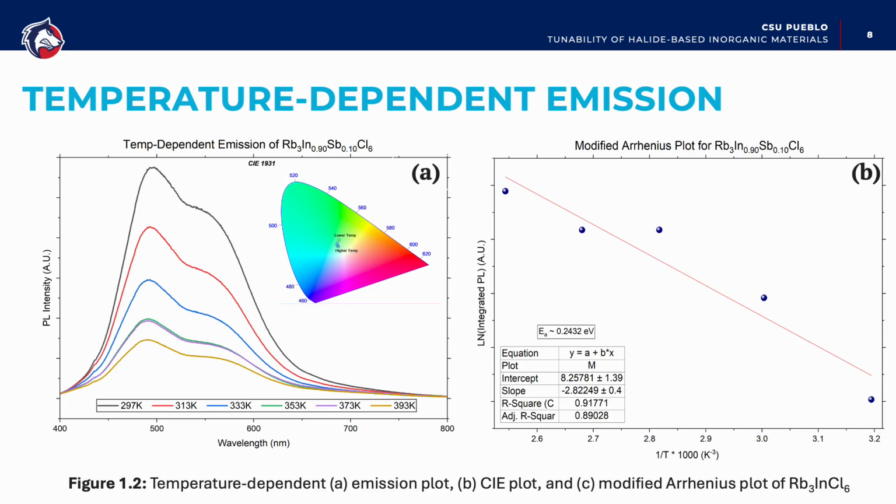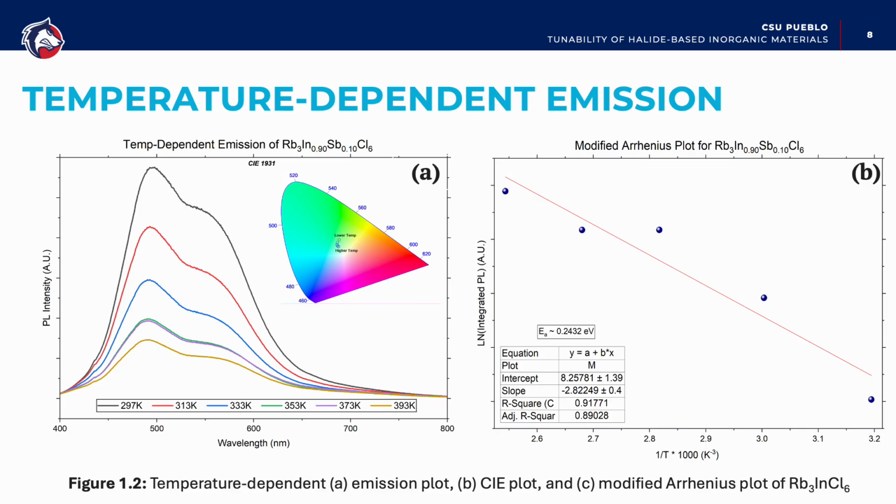Here we have a temperature-dependent emission plot along with a CIE plot and a modified Arrhenius plot. From the emission data, we see clearly that with increasing temperature, there's thermal quenching, which could be the result of non-radiative recombinations. The quenching was one of the two expected outcomes for this type of material, but since there is not a direct trend, it was not initially hypothesized to exhibit this property.